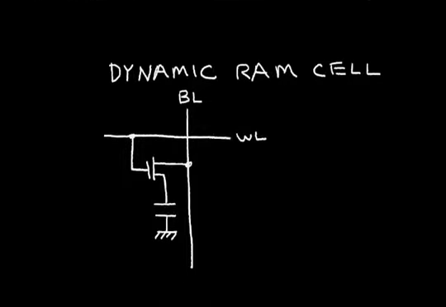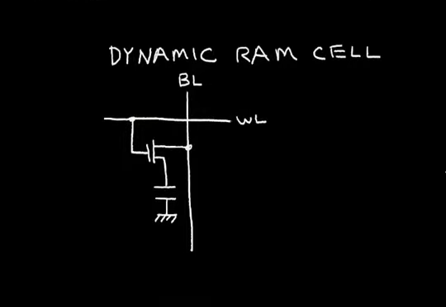Now we talked about the static RAM cell, and I should at least mention that there's also another memory cell that's much simpler. It's called the dynamic RAM cell. It's basically one transistor and one capacitor. What this cell does is it writes data onto the capacitor, either a logic 1 or a logic 0, during the write operation.